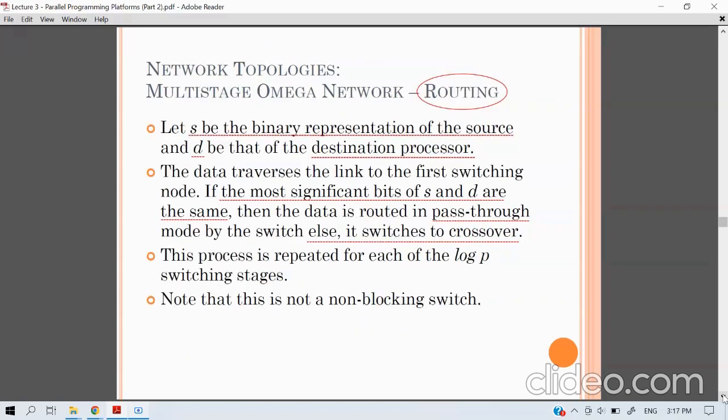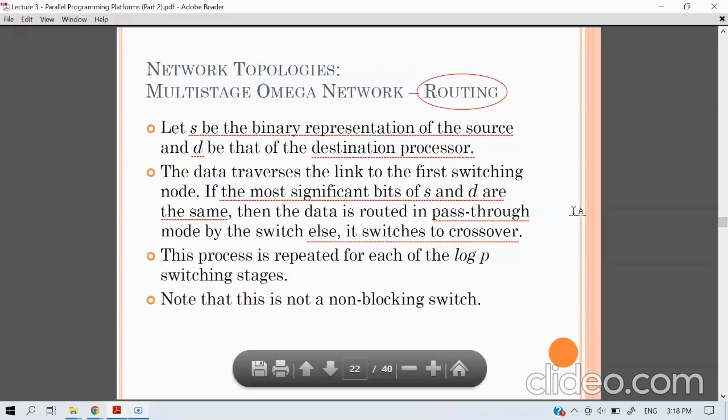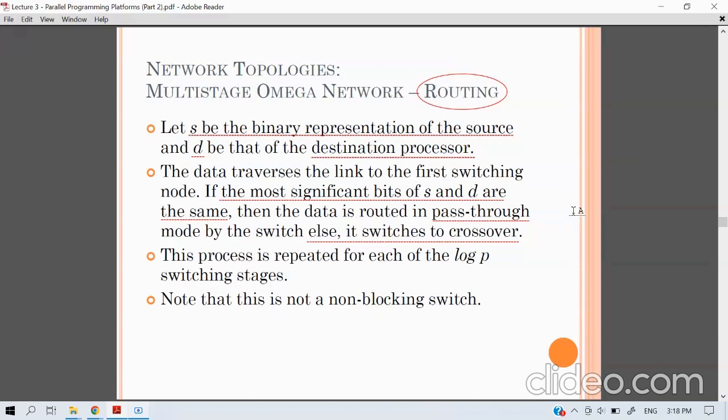Alright, so if we implement routing inside our multi-stage omega network, let's consider the following situation. Let S be the source of the data and D be the destination of the data. The data will traverse the link to the first switching node if the most significant bits of S and D are the same.